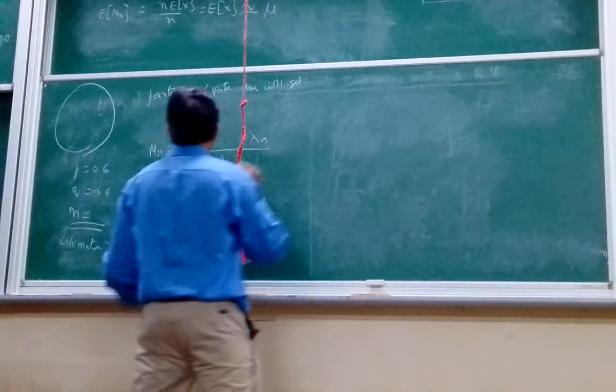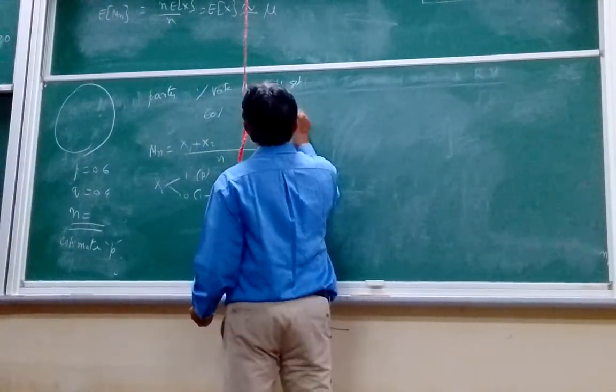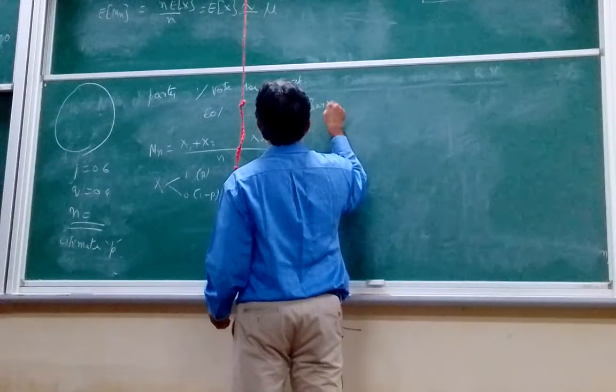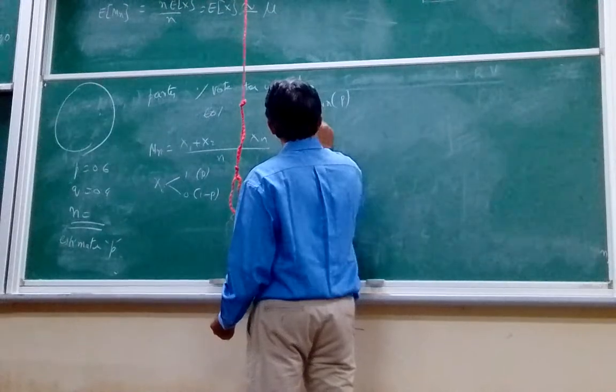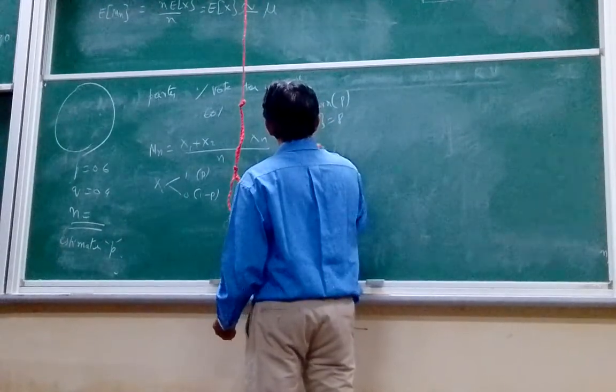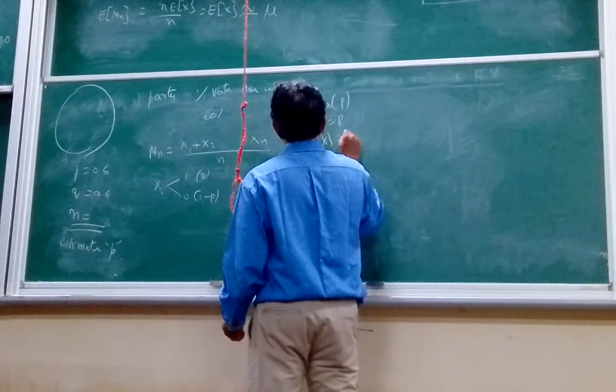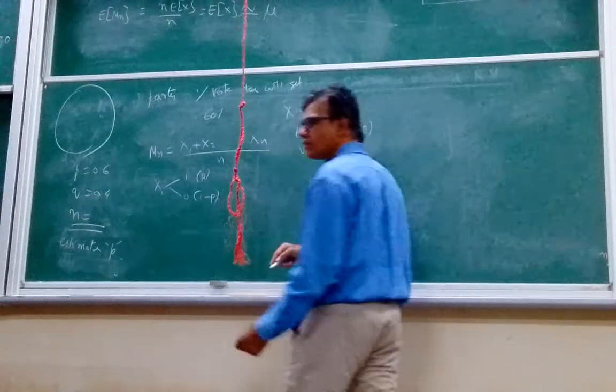So in this one you can see that X is a Bernoulli random variable with probability p, and the expectation of X is p, and the variance of X is p into 1 minus p.